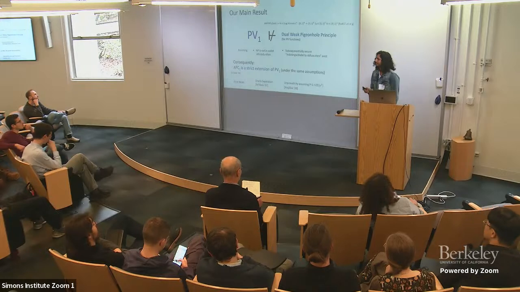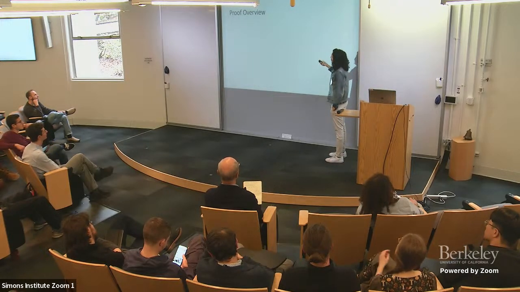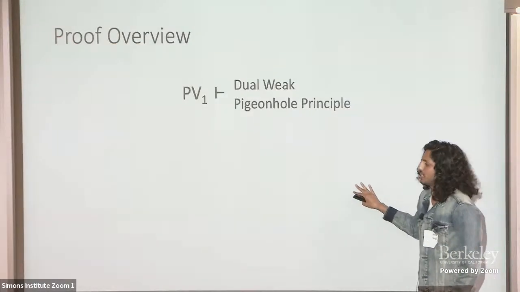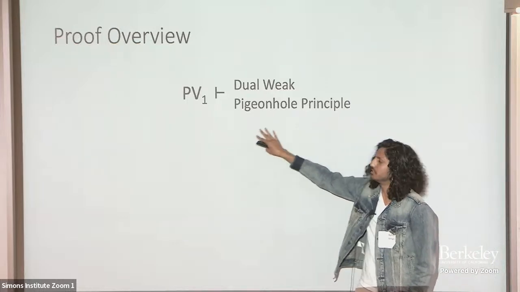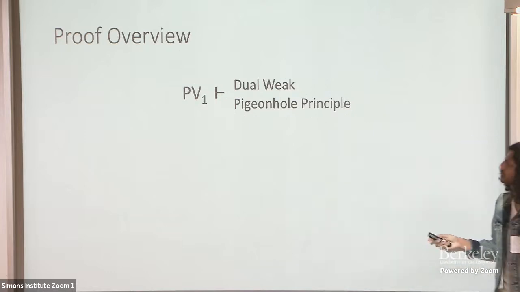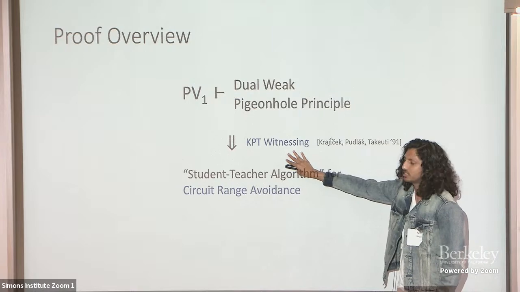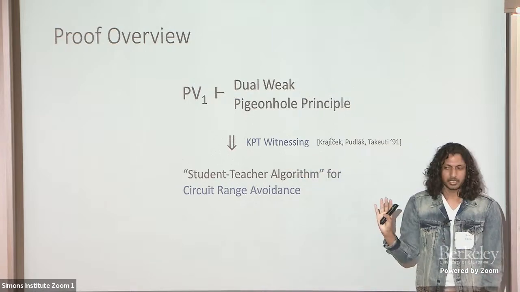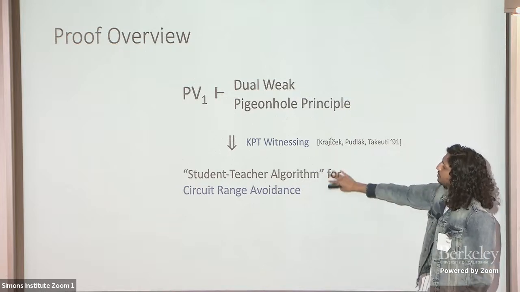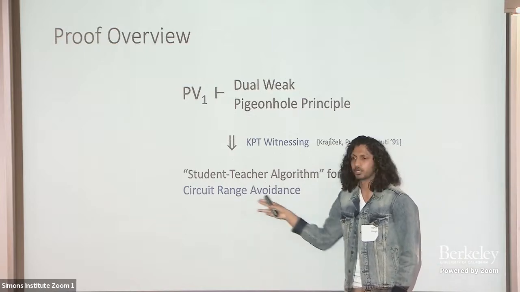Okay, cool. So let me tell you a little bit about how this is proved. The proof overview breaks down into two very nice steps. The first step is to say, for contradiction, suppose PV1 did prove the dual weak pigeonhole principle. What do we get from this? There's a very nice hammer we can use: the KPT witnessing theorem, which I'll tell you about in a bit. It tells you that there's some sort of algorithm for a related problem, which I'll also tell you about later, called circuit range avoidance.